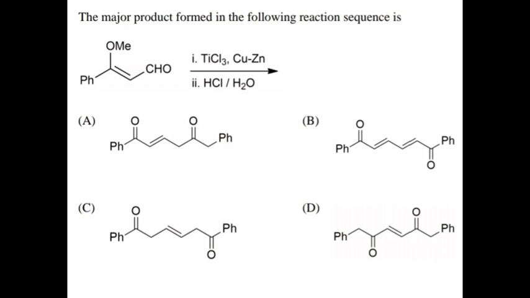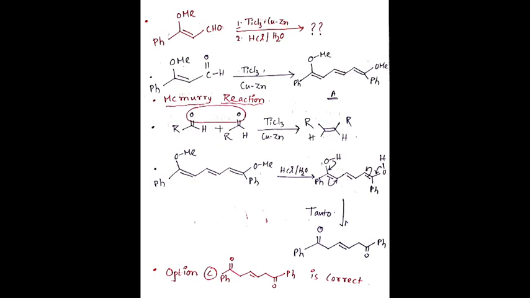If you think about the starting material which contains an aldehyde group, you should keep in mind this thing: when any starting material has an aldehyde group or a ketone derivative, and it is treated with titanium chloride in the presence of copper and zinc acting as a catalyst, a coupling reaction occurs.